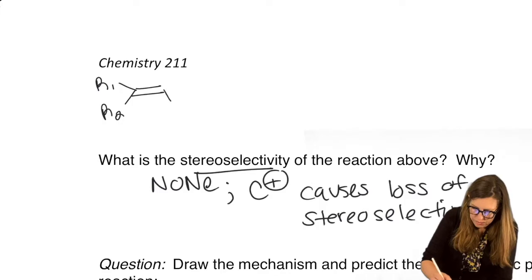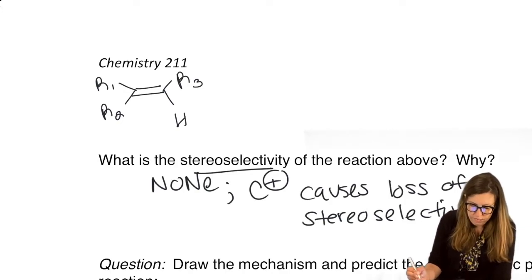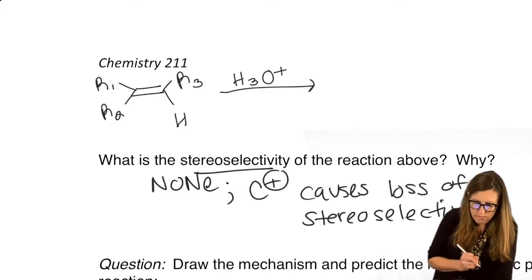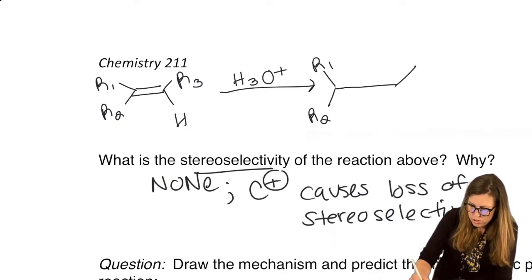Here's an alkene, a tri-substituted alkene. I'm going to put an R1, an R2, and an R3 on there. Let's do addition of water. Now, we know from Markovnikov's rule, we're going to lose the pi bond when we do an addition of water.